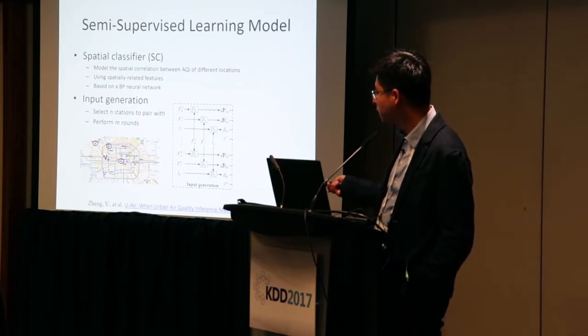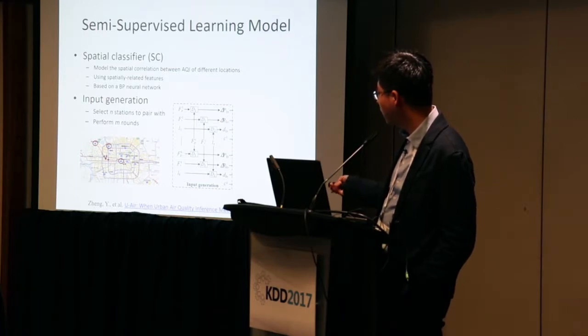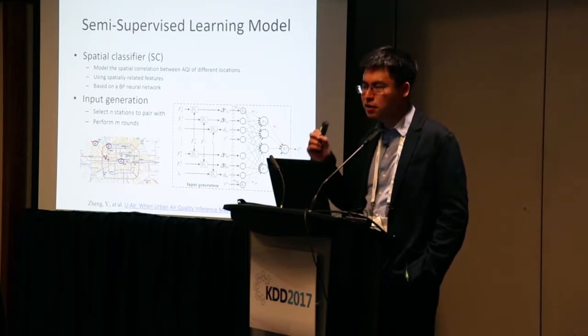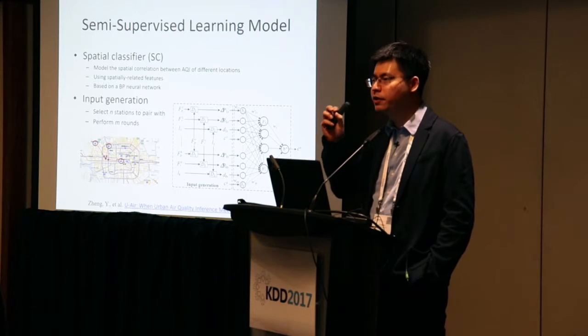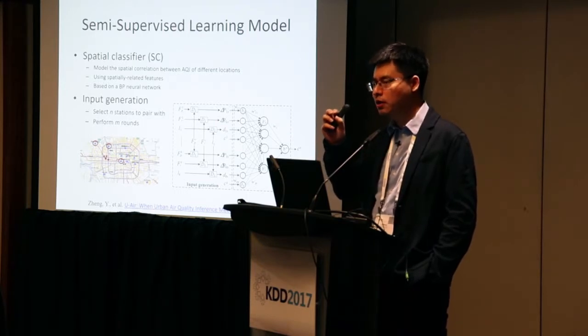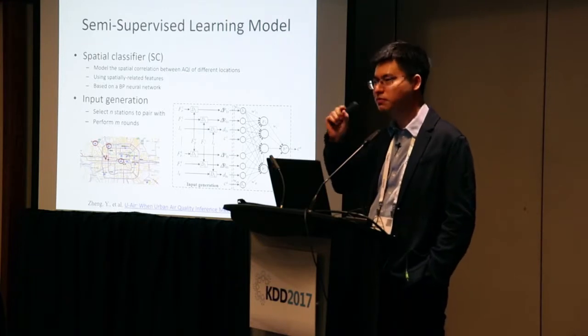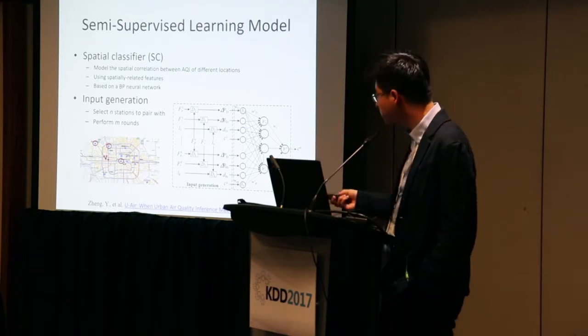Also, we can calculate the distribution of their POI data and put the difference as input, combined with the air quality of this station. And the output is the air quality of the location we're going to predict. This sounds like a nonlinear interpolation model, considering the geographic differences of different locations.